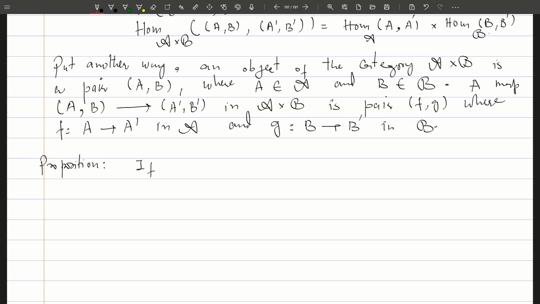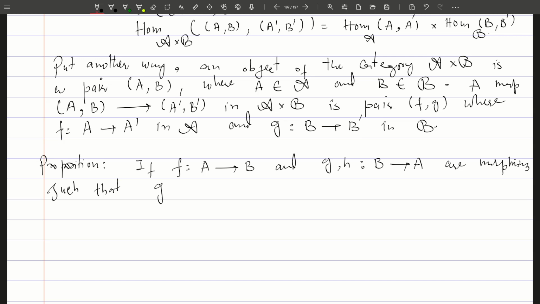If F is a morphism from object A to B, and G and H are morphisms from object B to A, such that G composite F is the identity morphism on A, and F composite H is the identity morphism on B, then the morphisms G and H are equal.